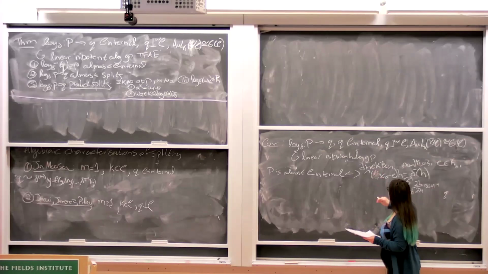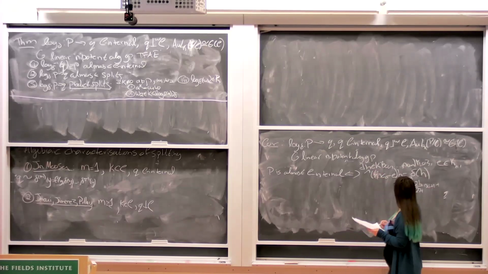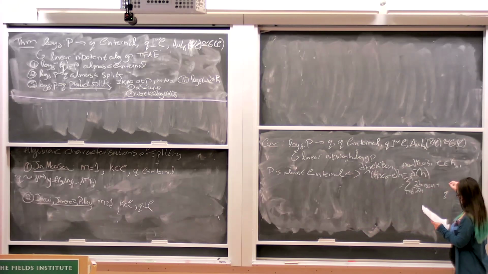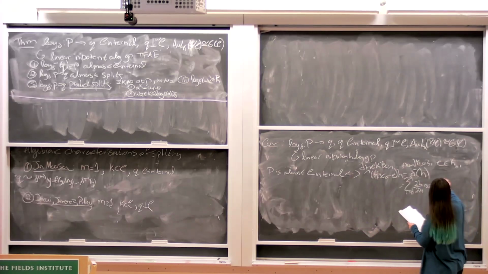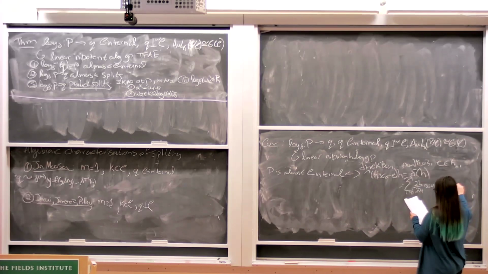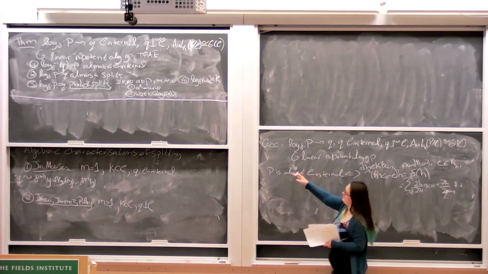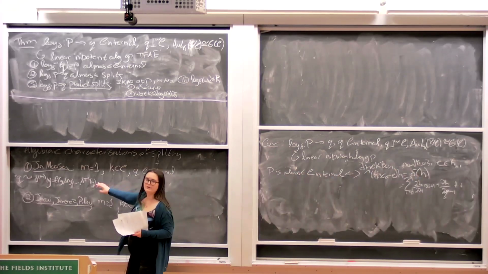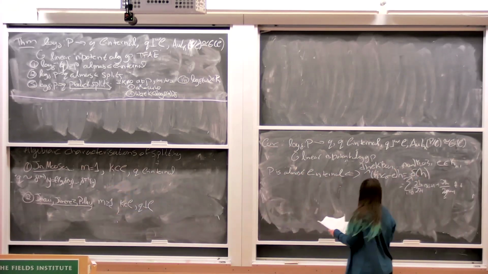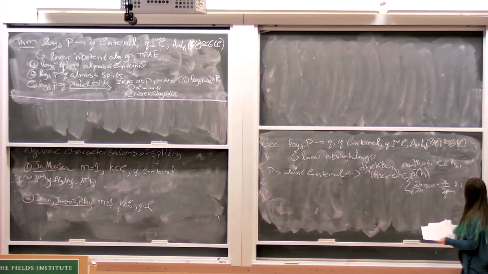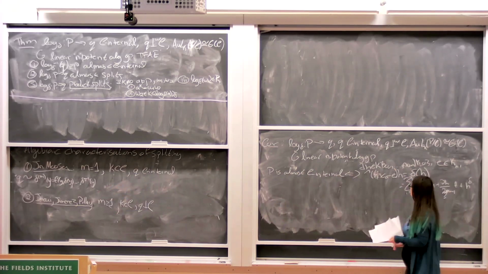So maybe I shouldn't use K here. Maybe I'll use N. Then this is equal to the derivative. So this is really a condition that we look at on F, which was in our equation for Q. We apply the derivative to the coefficients of H. So this part doesn't matter so much.